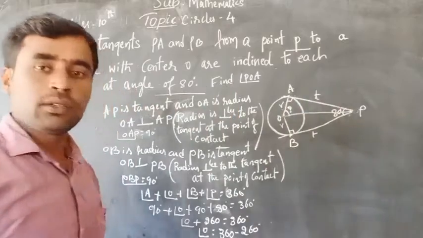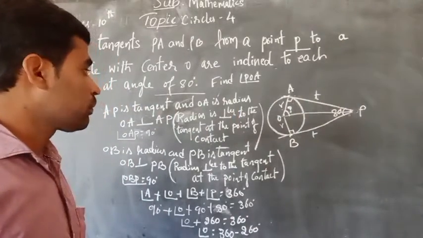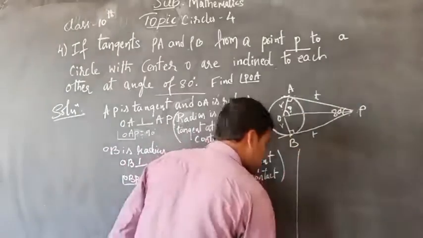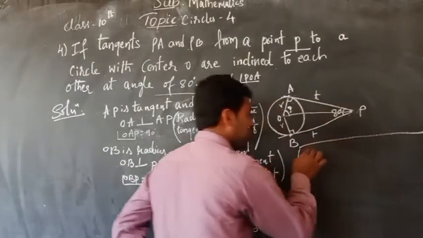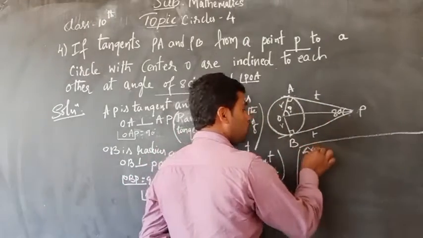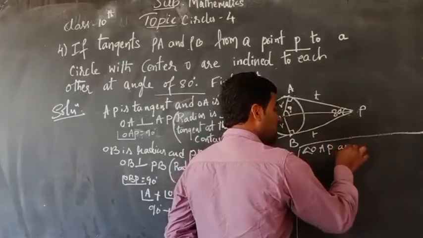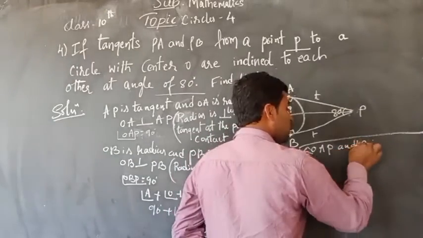Now I'll take two triangles, triangle OAP and triangle OBP.